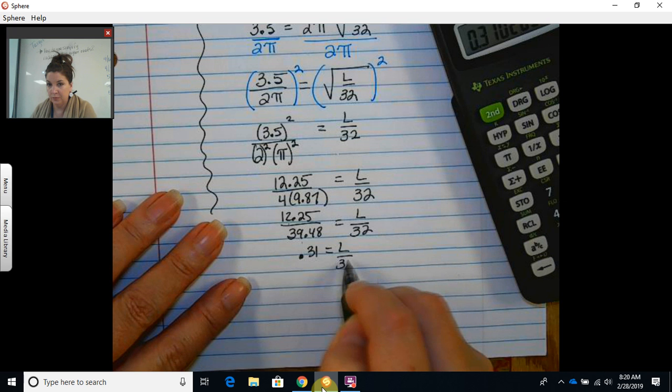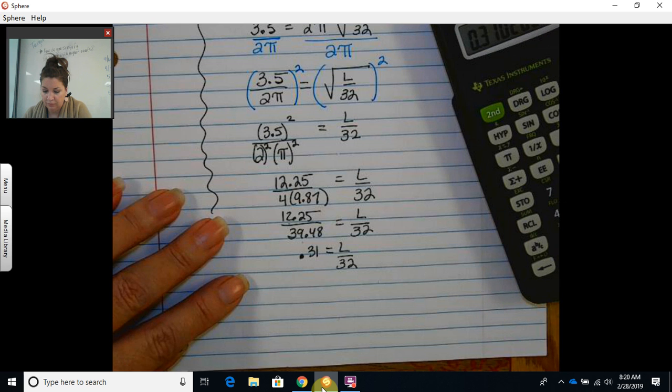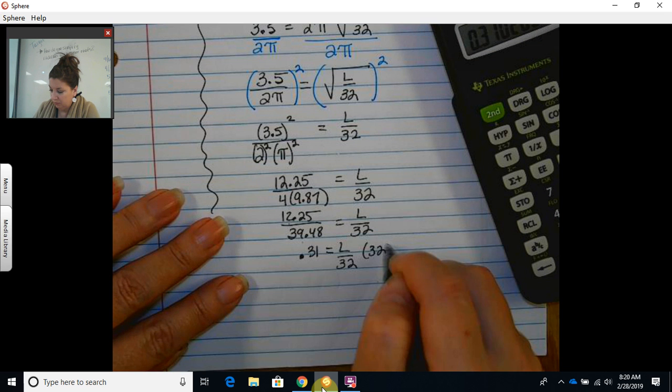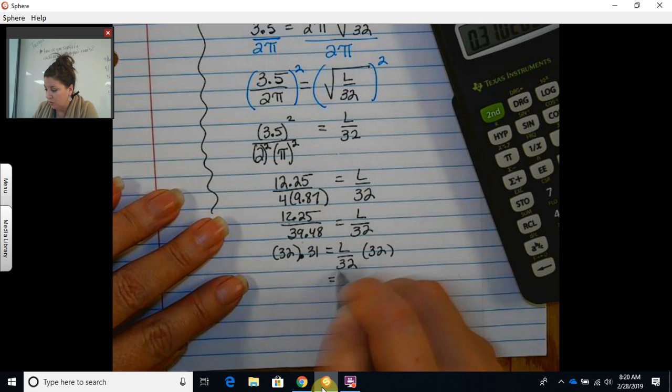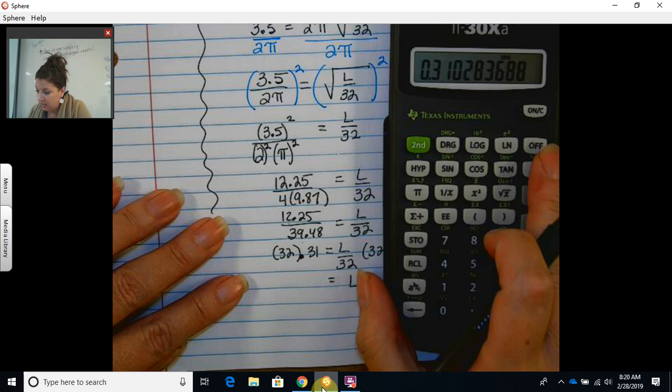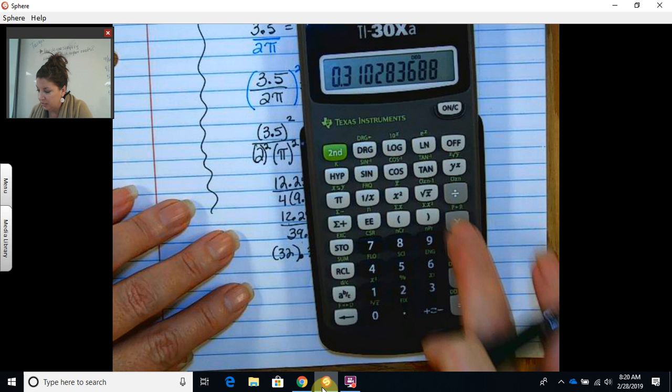Now what? Multiply both sides by 32. So on the right side, the 32's cancel, and I'm left with L equals. And since I still have this in my calculator, I'm just going to leave it like that, times 32.